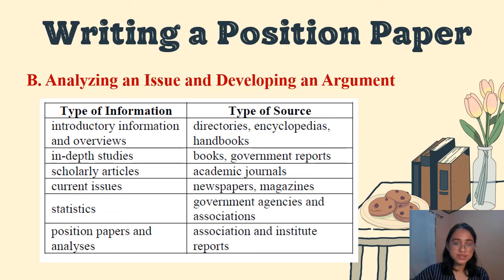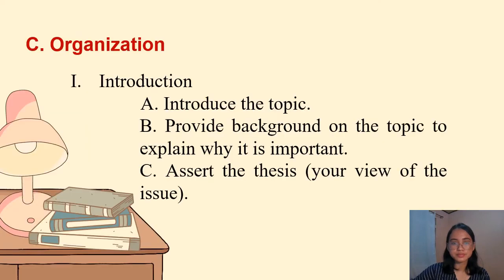For statistics, you look for government agencies and associations, those with sites that end with, for example, gov.ph. Lastly, for position papers and analysis: association and institute reports. Okay, so this would be very beneficial for you before writing your position paper. You know which type of source to look for.